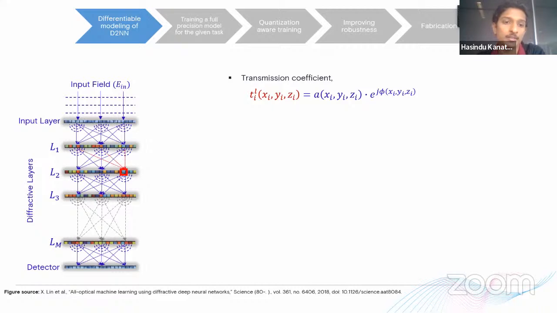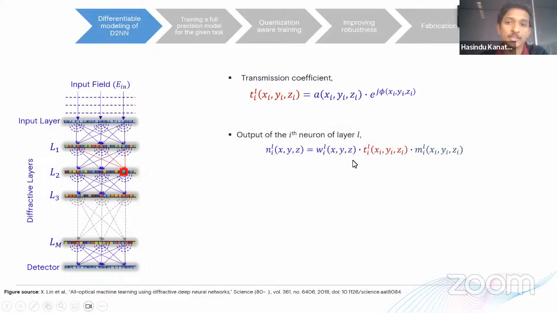The incoming field to each of these neurons depends on a summation of the waves coming from the neurons of the previous layer. The output of this neuron depends on the input wave coming to it, its transmission coefficient, and also the wave propagation.